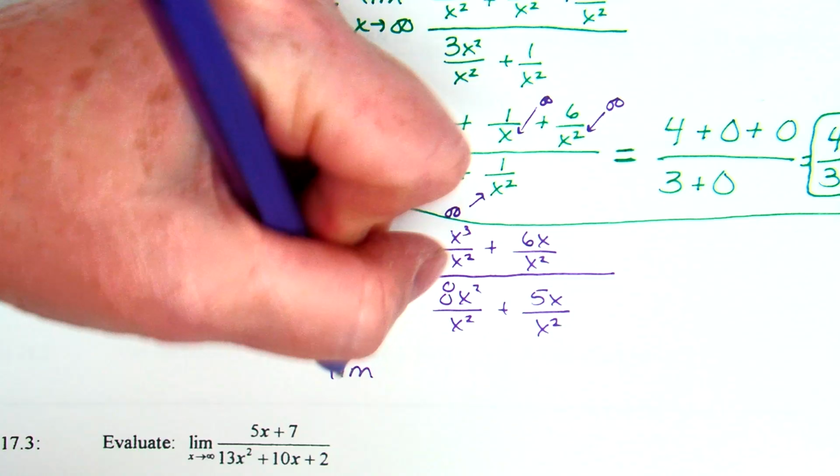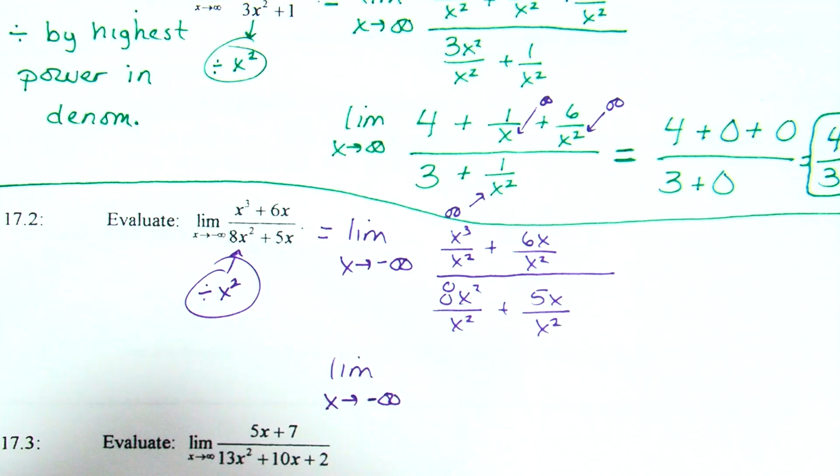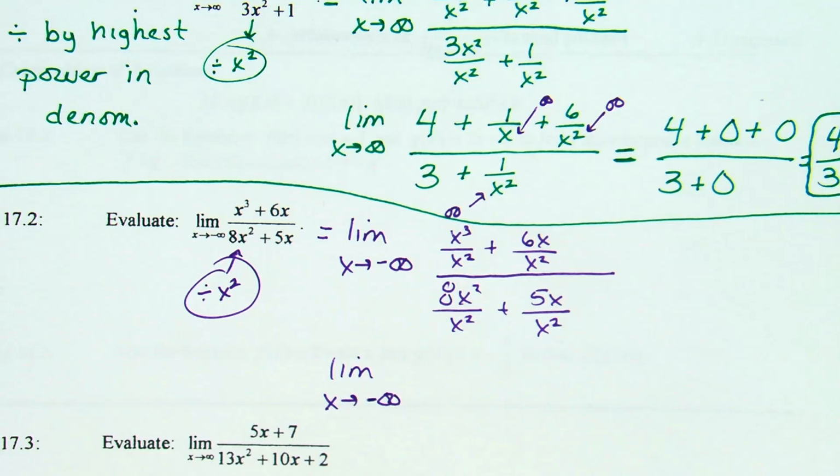Now if we do some cleanup, limit as x approaches negative infinity. A helpful calculus tip: I know it's annoying, but always rewrite that word limit and what x is approaching. Just because if you start skipping over writing that word limit, you start forgetting it's a limit. You forget that that's what we're doing.